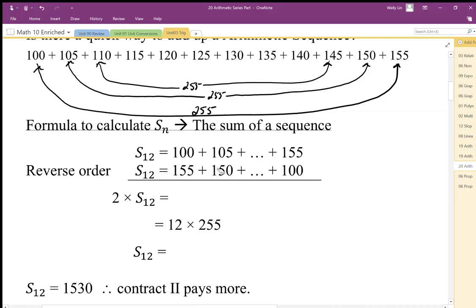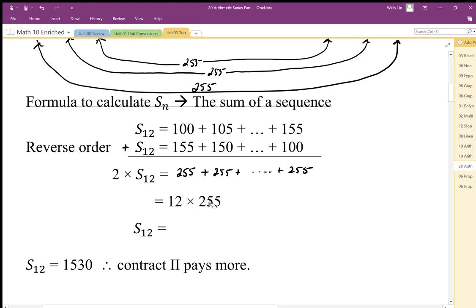And when I do that, the two terms here, the biggest and smallest, line up, and I can add those together. I get a sum of 255 plus 255 plus, and so on. These are all going to be sums of 255, and we have 12 sums of 255. So I get 12 times 255.